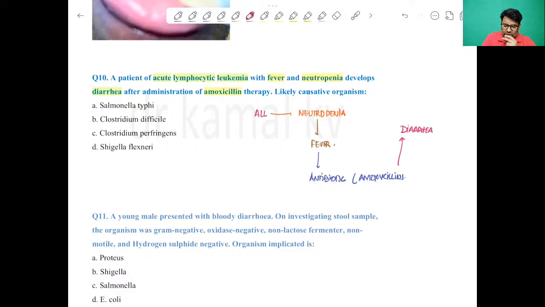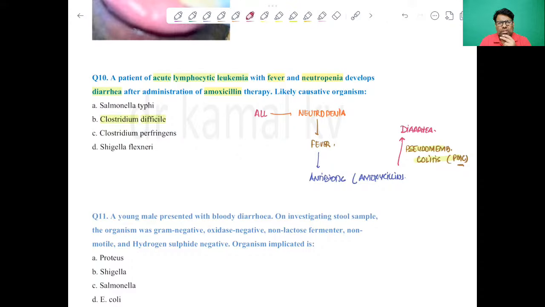So this condition is known as pseudomembranous colitis. Clear? Pseudomembranous colitis is caused by Clostridium difficile.